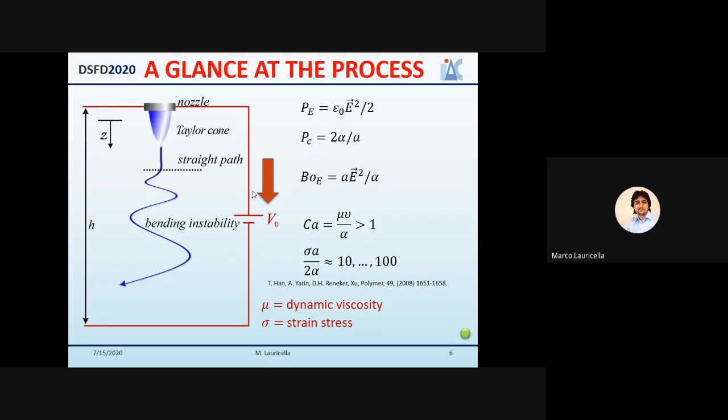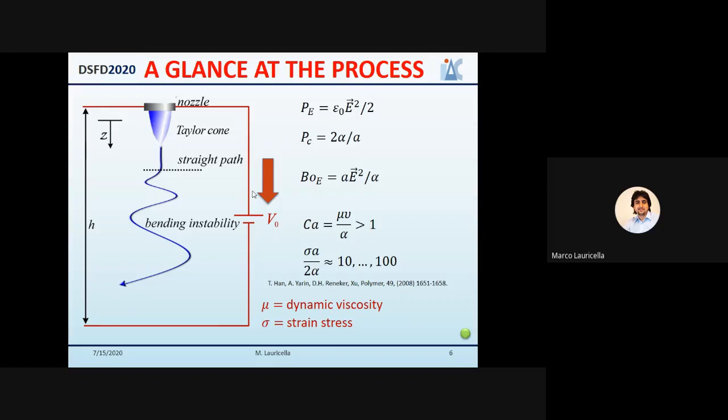As a consequence of this intense electric field, the jet reaches a high velocity. This high velocity provides a larger value of the capillary dimensionless number, which as a consequence is larger than 1. This also explains why we do not observe the dripping regime, but the jetting regime.